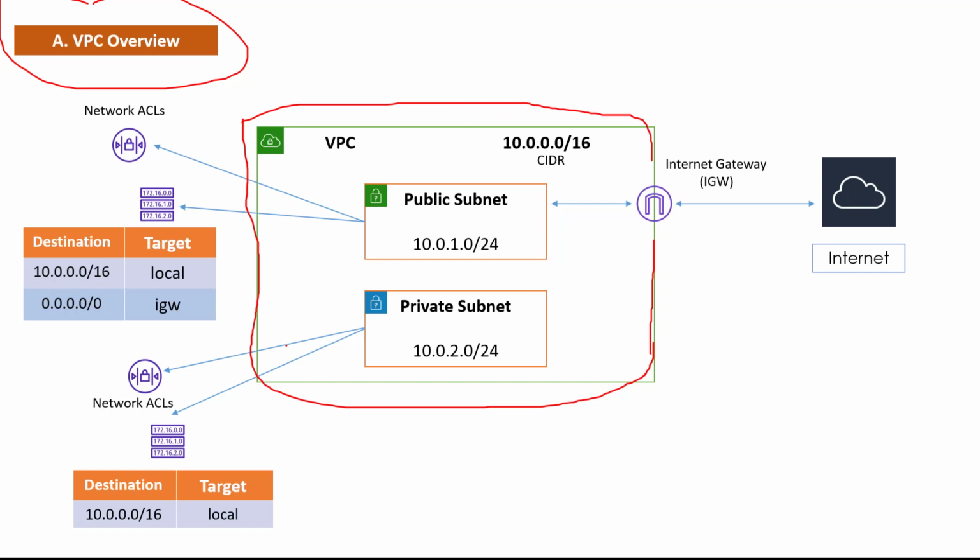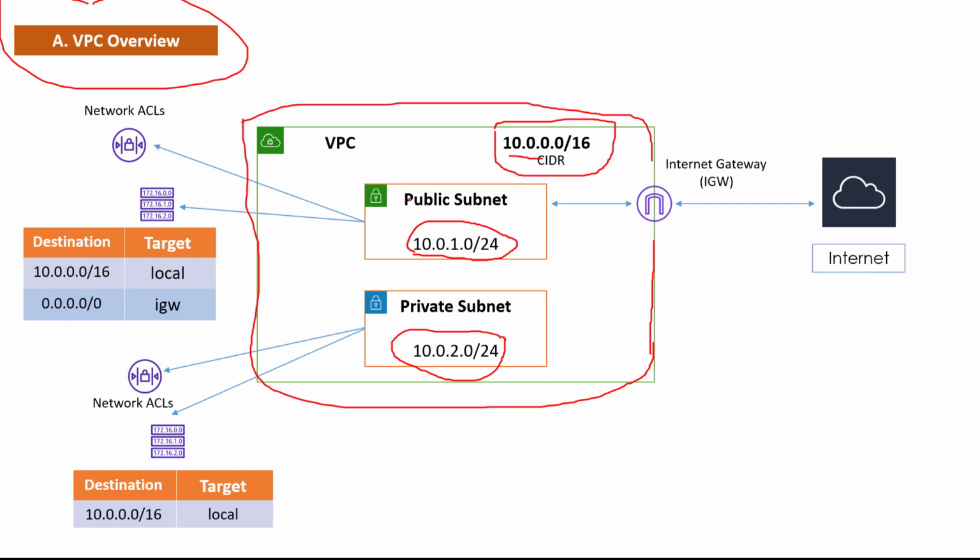Within the VPC, you can see here we have a CIDR. This is the IP range defined for this VPC. Maybe you have another VPC which has another IP range, but this VPC has the range 10.0.0.0/16. In this VPC, we have two subnets. One subnet is defined with this range, and another subnet with this range. Note that these ranges should be within the CIDR of the total VPC.